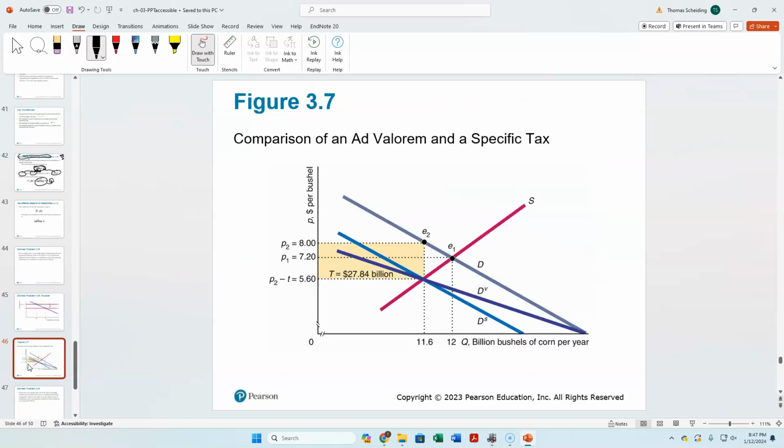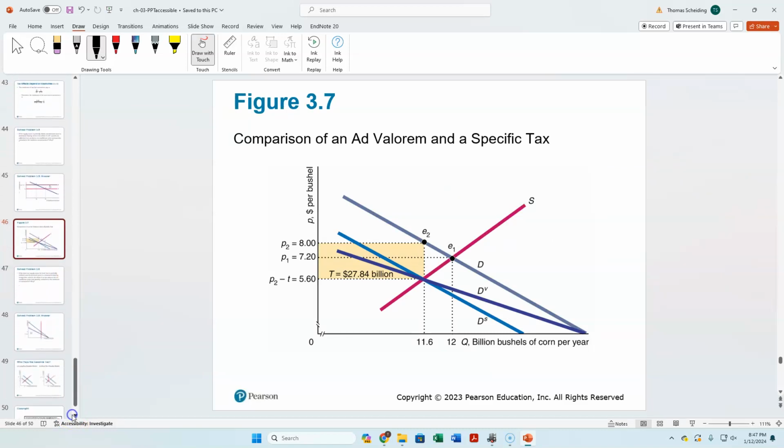amount. Now, how do things change graphically when we change this to an ad valorem tax? Well, instead of it being a parallel shift, it starts to pivot, right? And in this case, it's changing by, let's say, 5% or 10% or whatever. And that's how we would see things changing here.